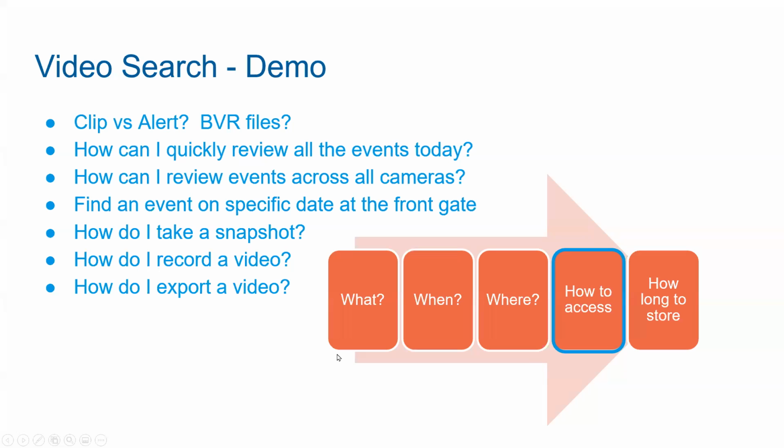Okay, so where are we? I hope you understand what clips and alerts are. Clips are the files on a per camera basis. The alerts are the things you specified in your triggers to help identify events that you believe are of concern.